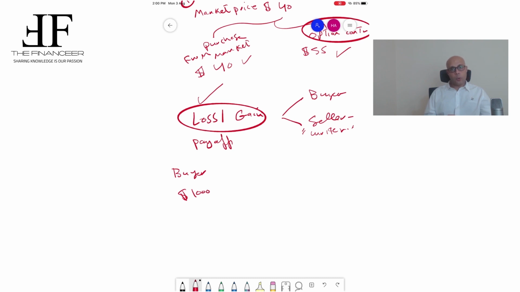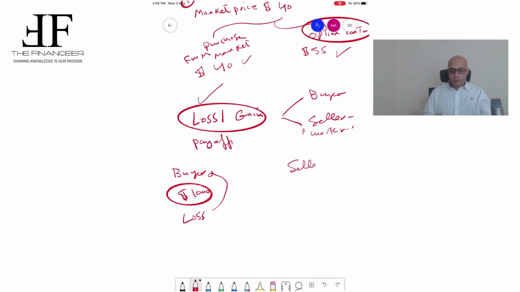The buyer didn't use the option and is going to purchase from the market, so he paid something and will not get a benefit from it, which is $1,000. So this will be a loss for the buyer. And this is the maximum loss that the buyer is going to incur under any decision and any scenario in the market, for any price. So this is the maximum loss.